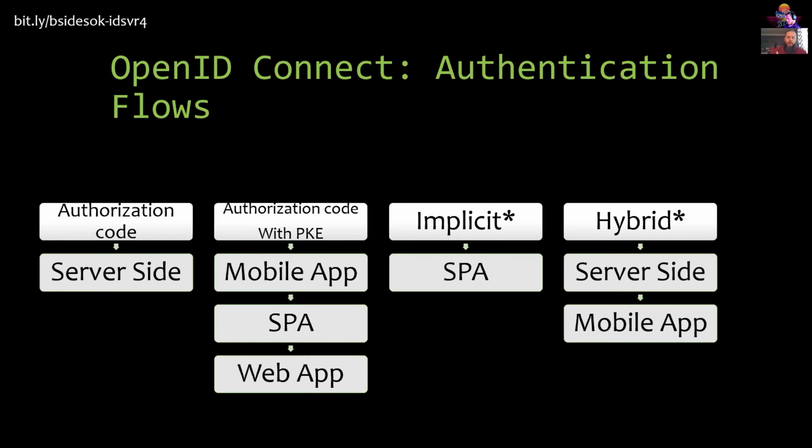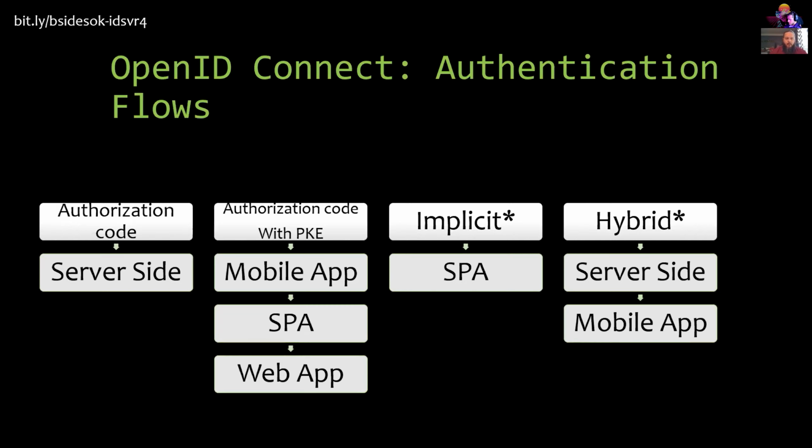And with OpenID Connect, there are 4 specific flows that you can utilize. Now, authorization code is basically just for our server-side communication, like we saw. And then the preferred way going forward is going to be to use authorization code with a PKCE kind of key.